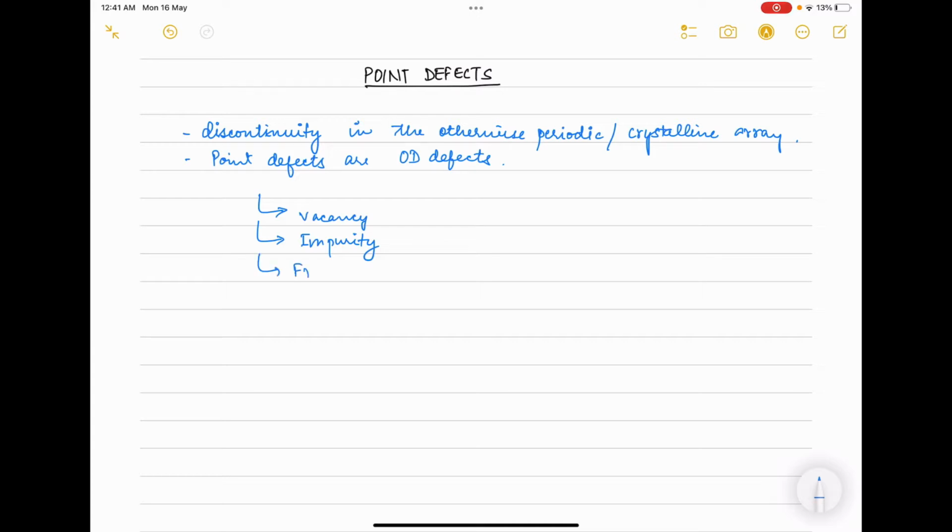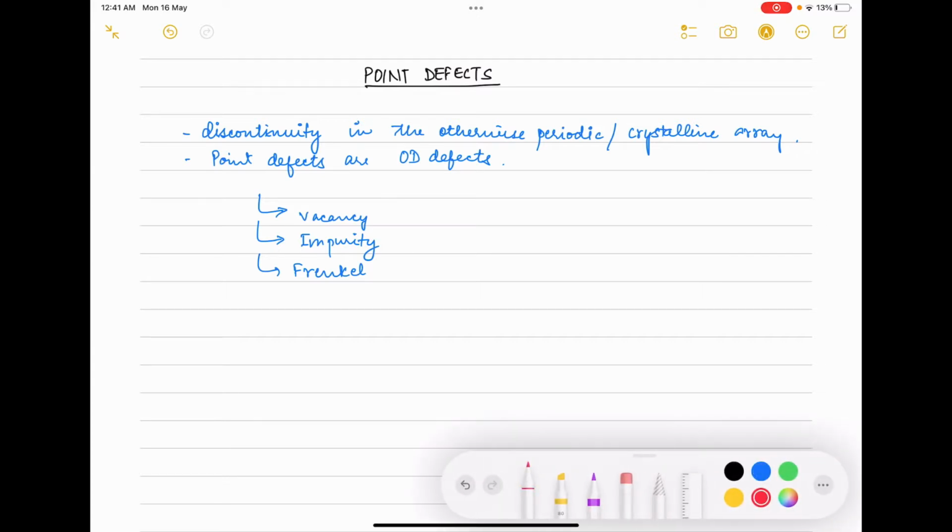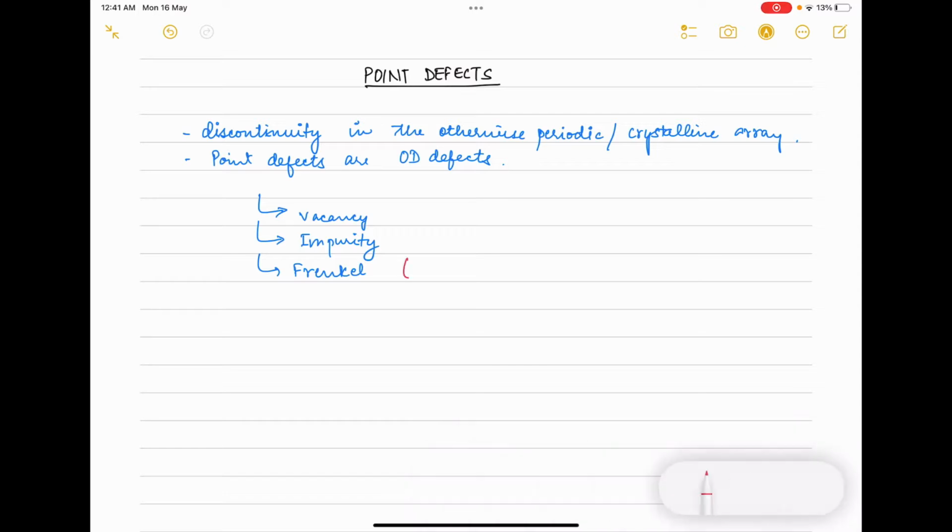Third is Frenkel defect, which is the presence of a lattice atom at the interstitial site. That is a site which is actually not a lattice position but lies within the crystal structure.